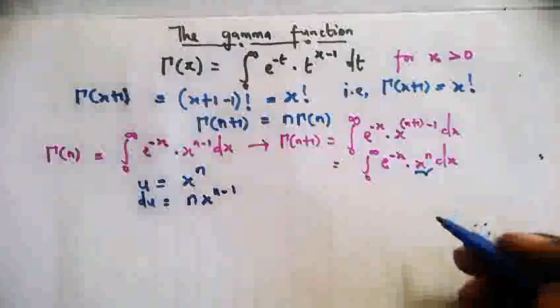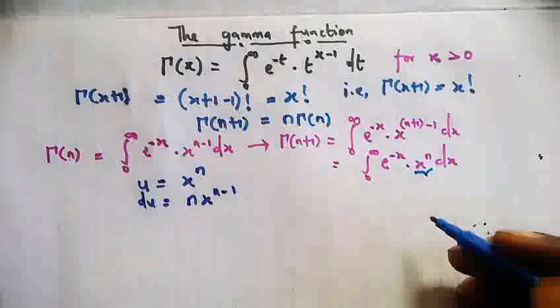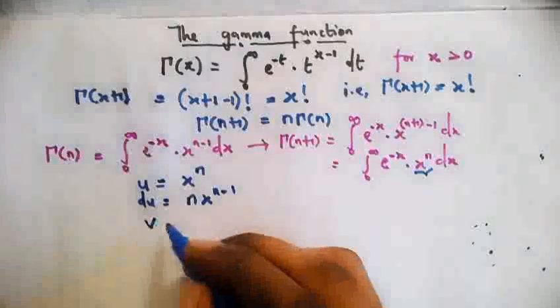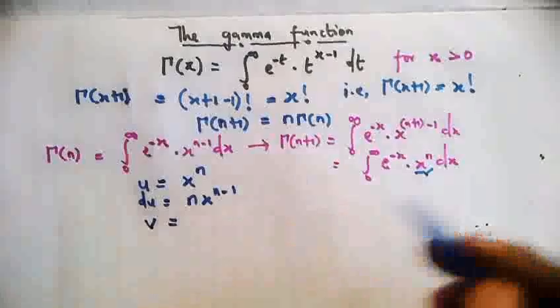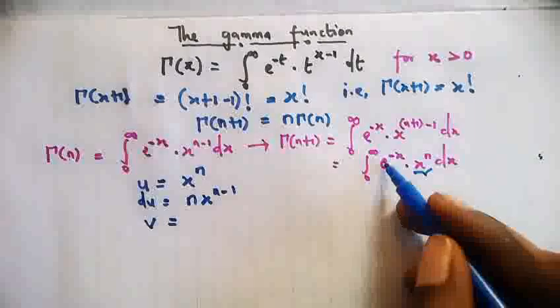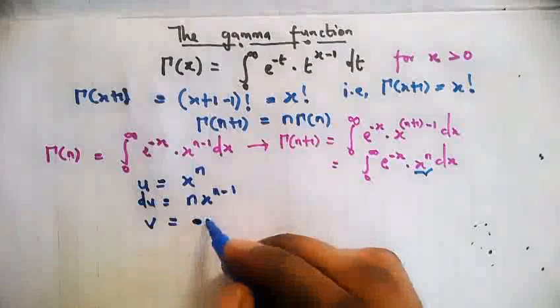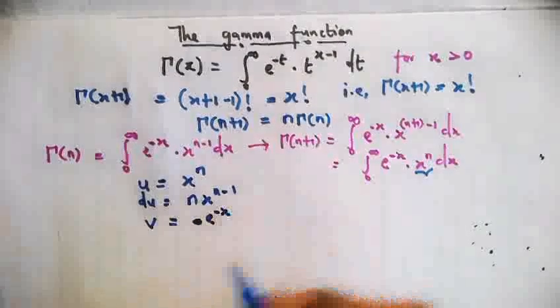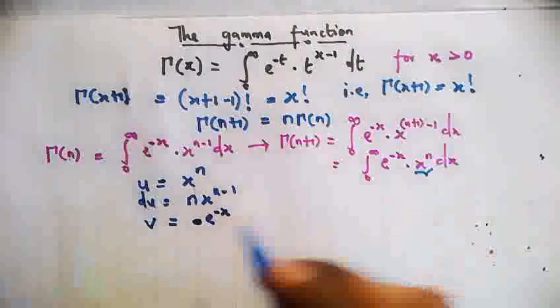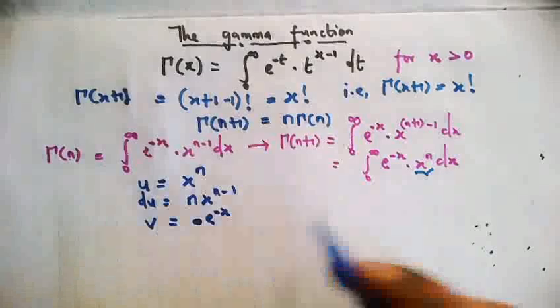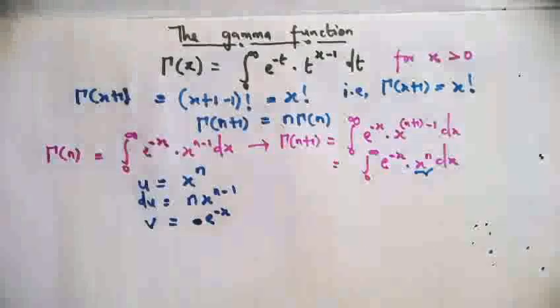Now we're going to do another substitution according to the theorem. So let v equal to the integral of e raised to power negative x, which is going to give us negative e raised to power negative x. Mind you that when we differentiate this v here, we must get this e raised to power negative x here.